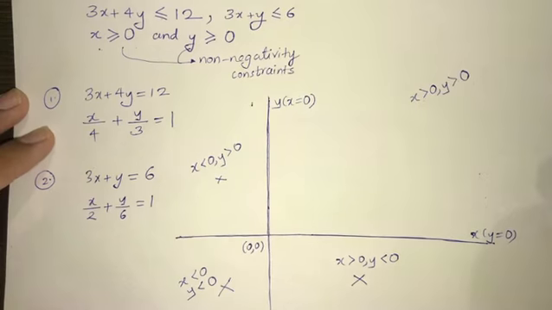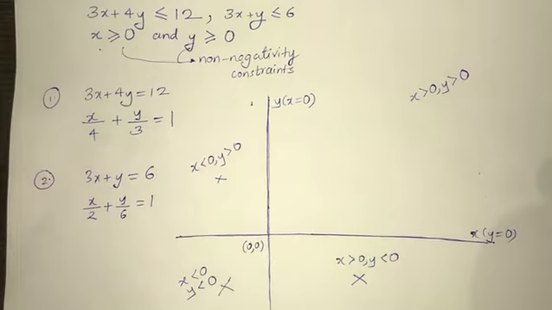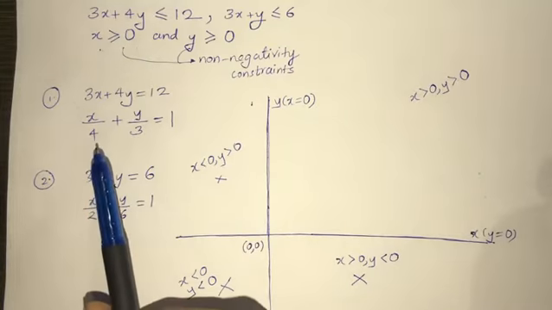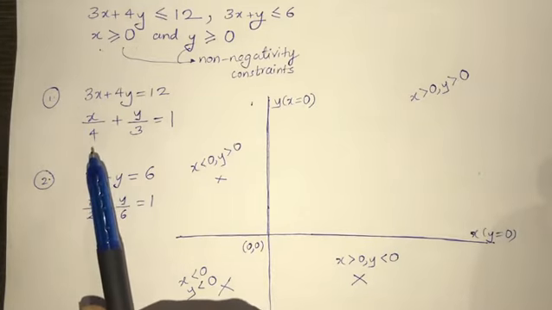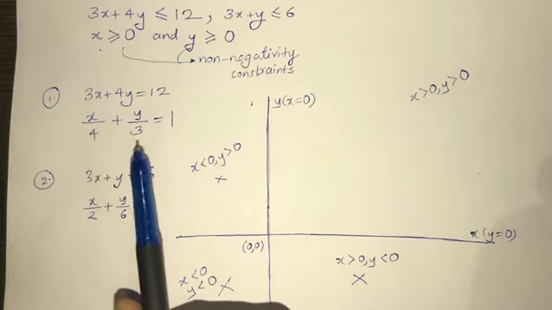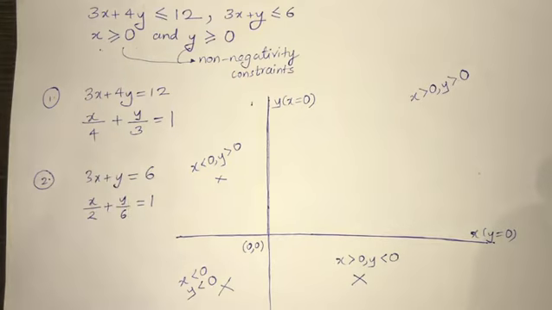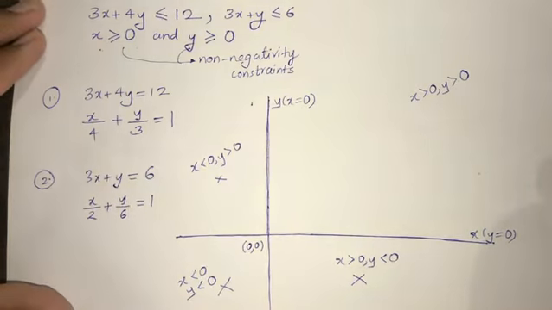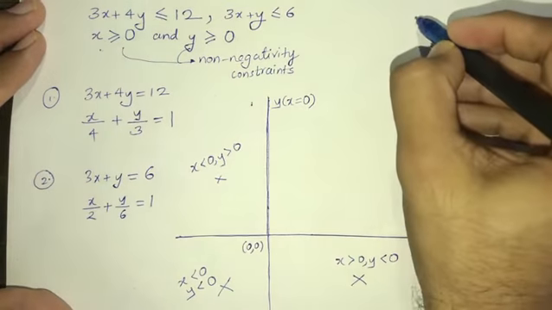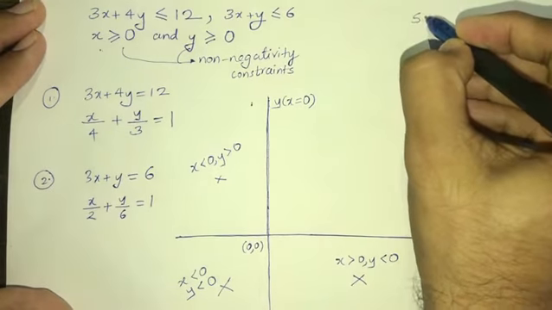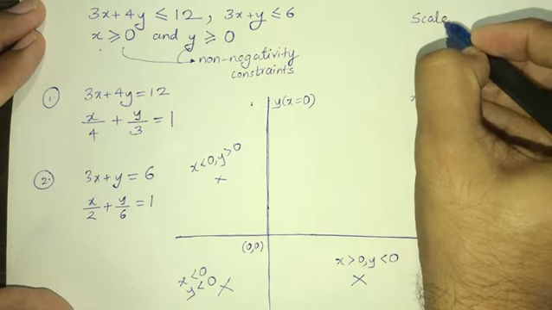Okay. Next, when I plot the first straight line, it has x-intercept 4 and y-intercept 3. Before marking that, one more thing I want to remind you: you have been doing this in school, you can write down the scale.